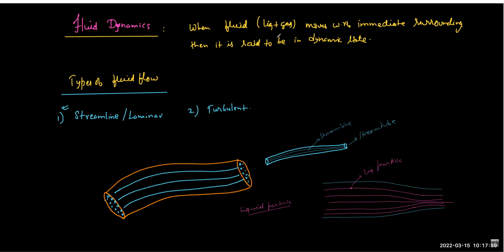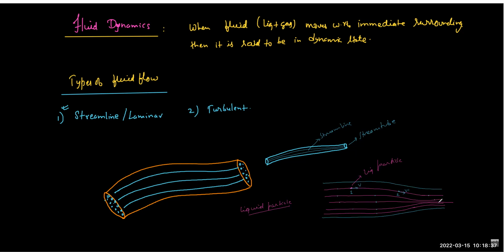When it is here, it will have some velocity v in this direction. The moment you come here, your velocity will change to some value v dash in the other direction. And what is interesting is that every particle passing through the first point will have the same velocity v all the time, and every particle crossing point 2 will have the velocity v dash all the time. It means every point you select will have a unique velocity in this space.